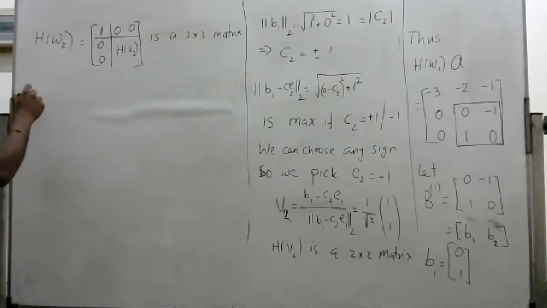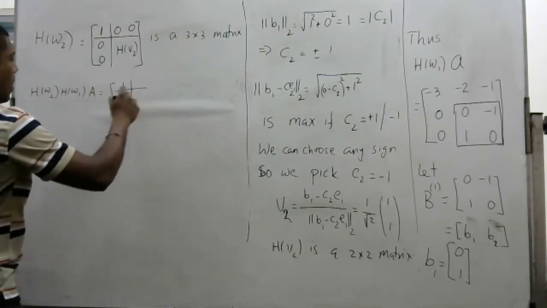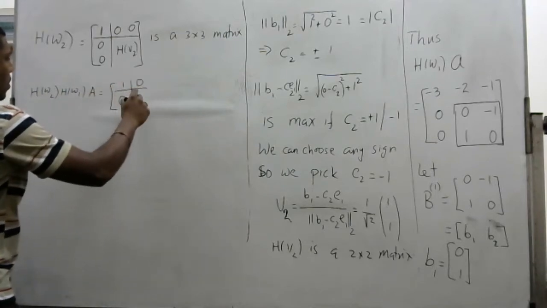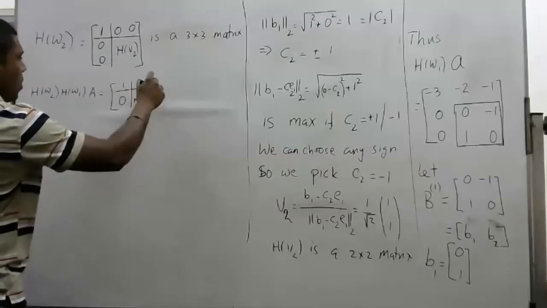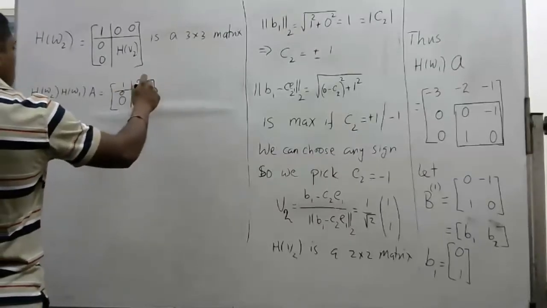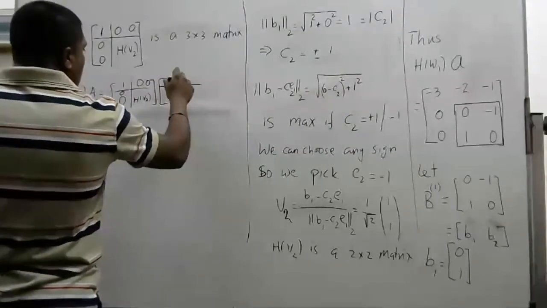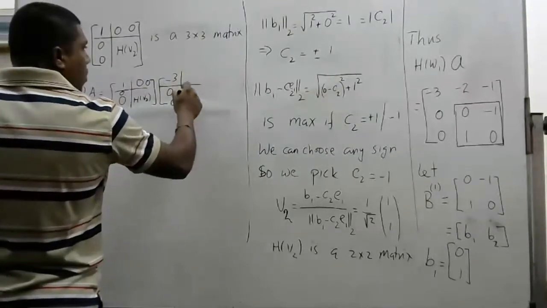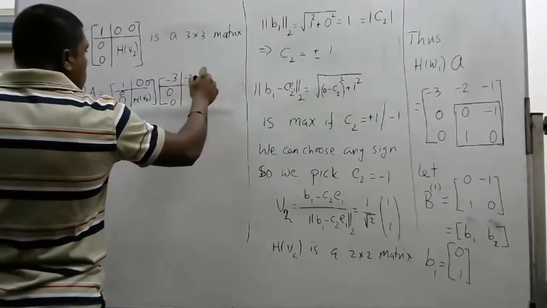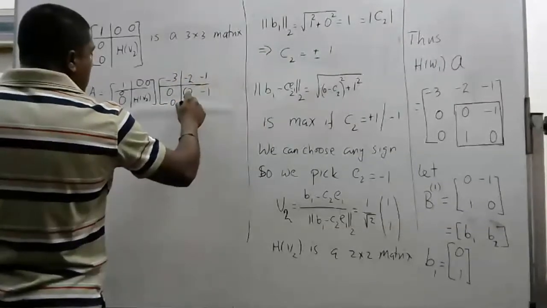So now what you can do is find H omega 2 times H omega 1 times A. This is 1. So I can make 0, 0, HV2, and then 0, 0. And then I have minus 3, 0, 0, minus 2, minus 1, 0, minus 1, 1, 0.